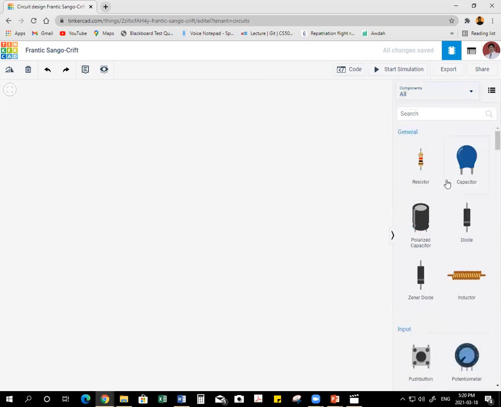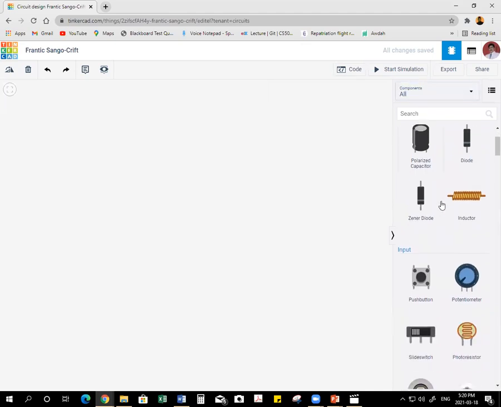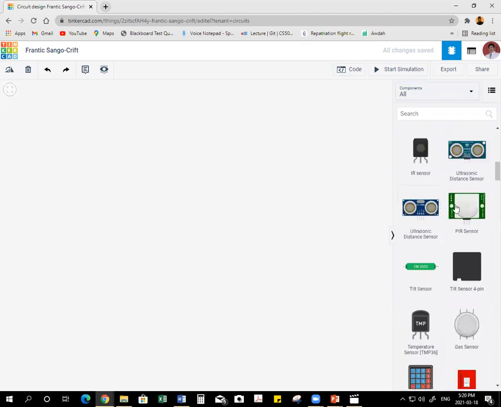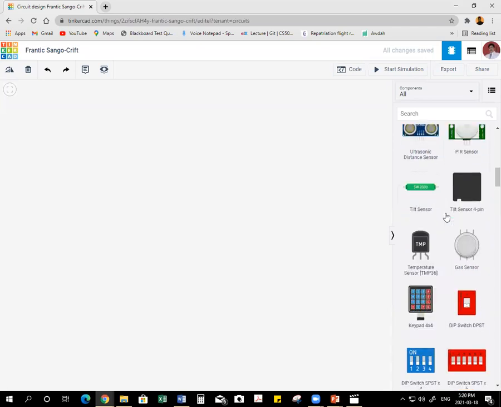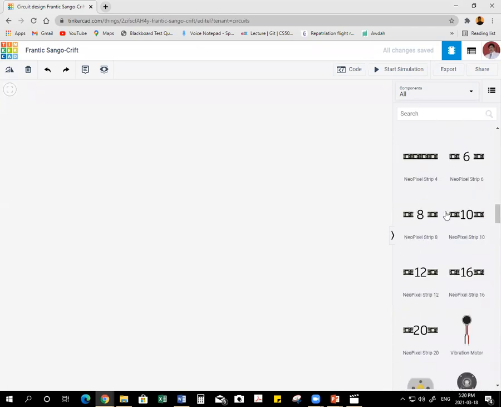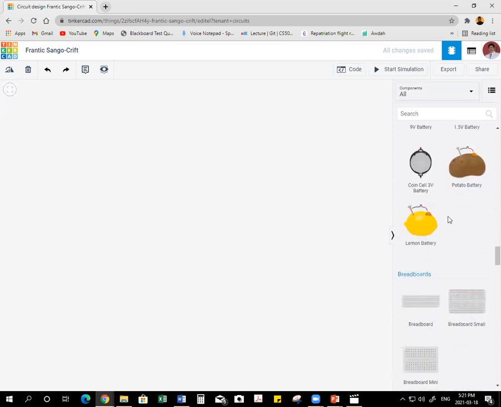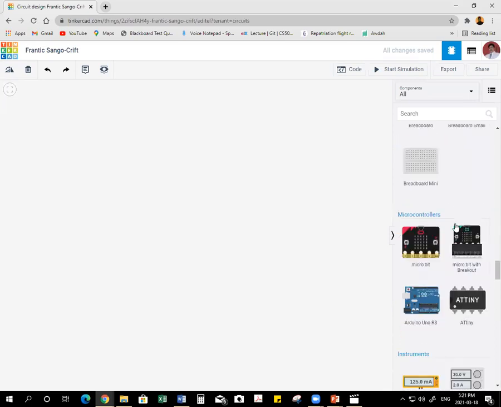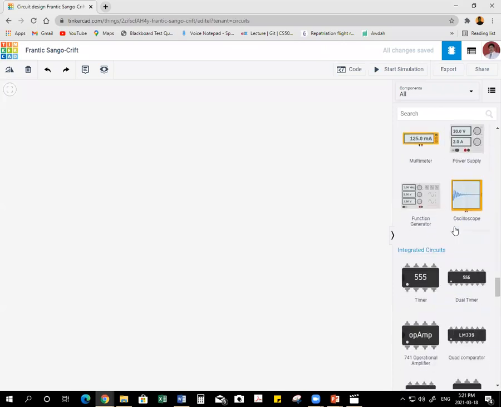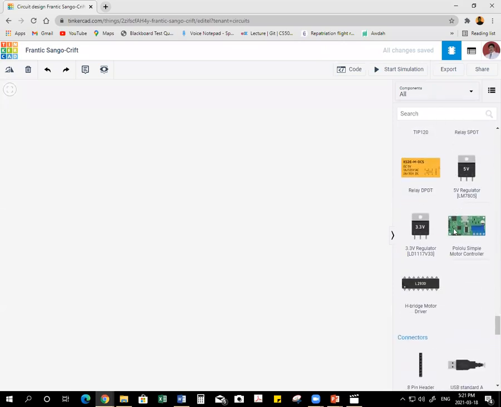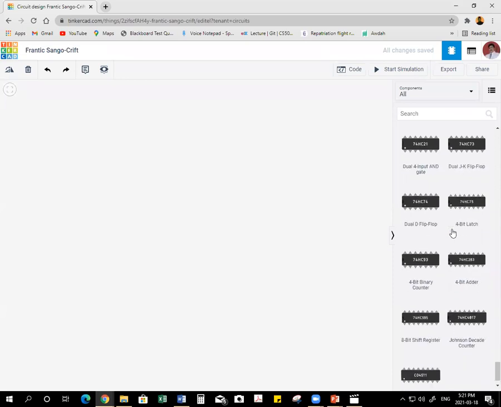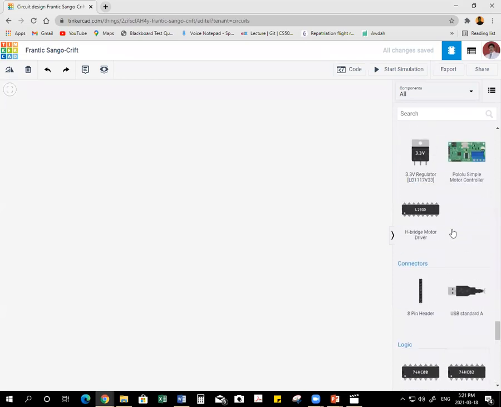Then all components and their capabilities are shown here. These are all drag and drop components. You can just drag and drop and connect them. Step by step I will show how to connect, how to execute and how to build a circuit. These are the components I am showing to you.